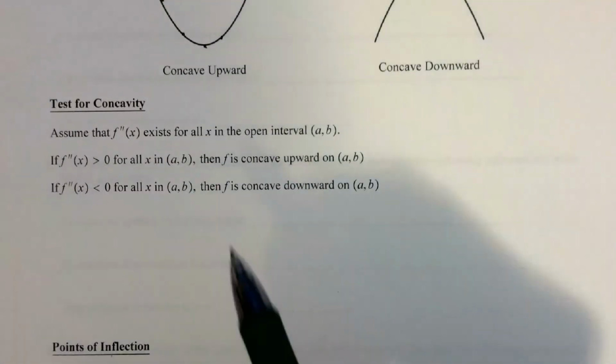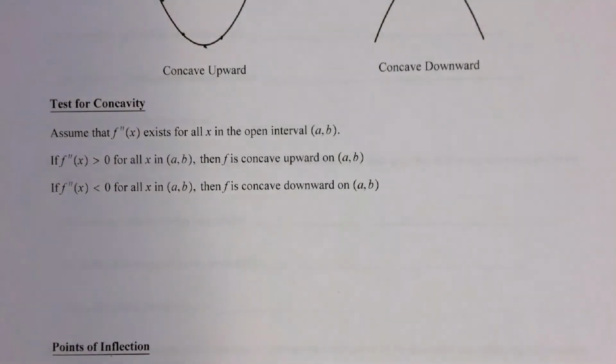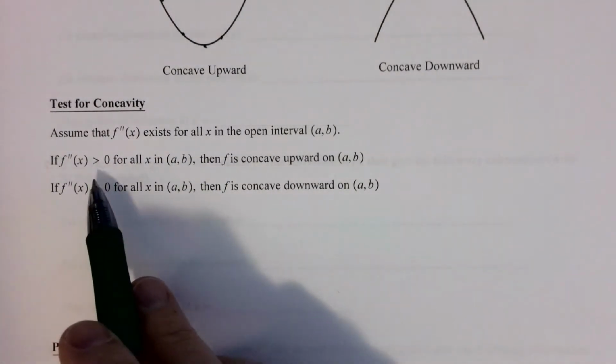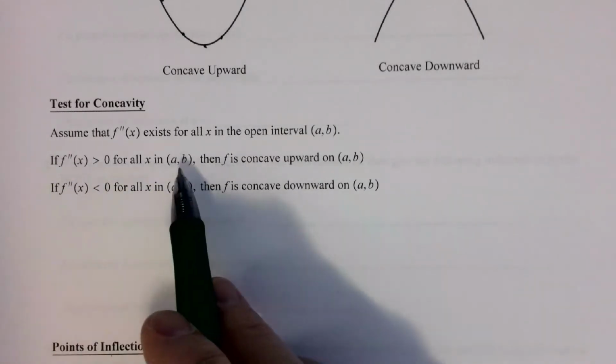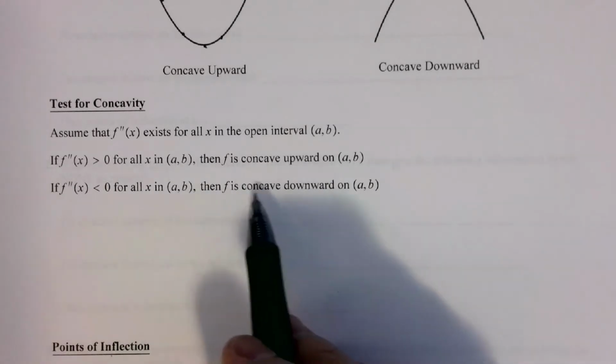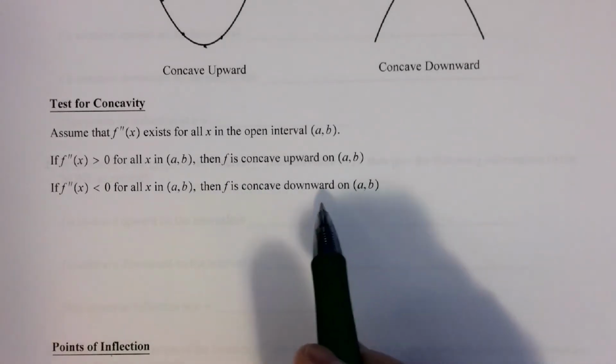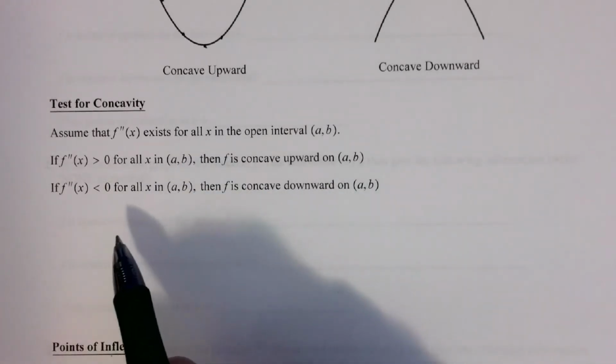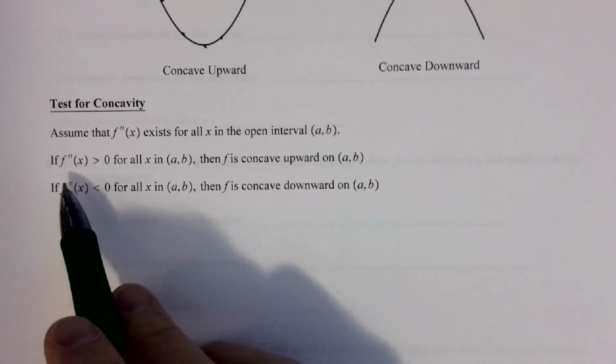So assuming that the second derivative exists for all x in an open interval from a to b, if the second derivative is positive on that interval, then f is concave upward. If the second derivative is negative, then f is concave downward. This is the way we usually test it algebraically. So again, important to understand the relationship here.